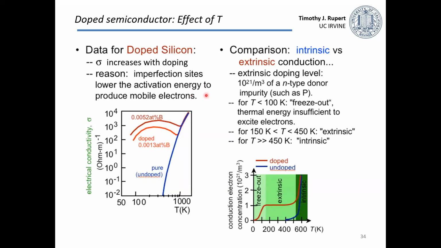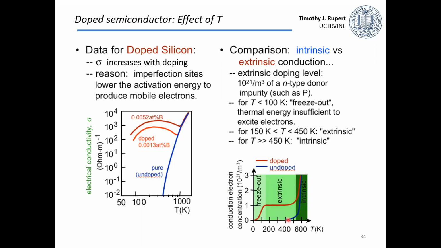The way of thinking about this is that we really have a few different mechanisms coming on. If we make a different plot, we can plot the conduction electron concentration as a function of temperature, and plot what happens for doped and undoped silicon. At very low temperatures, for undoped, pure silicon, the conduction electron concentration is 0. There's not enough energy to get over that band gap and have electricity go through.